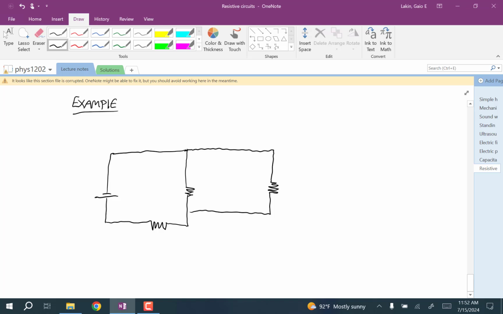So we have 3 total resistors. And this battery is 15 volts. This resistor is 50 ohms. And then we have 10 ohms here. Let me put that on the other side. And then we have 20 ohms here. And we want to solve this circuit.